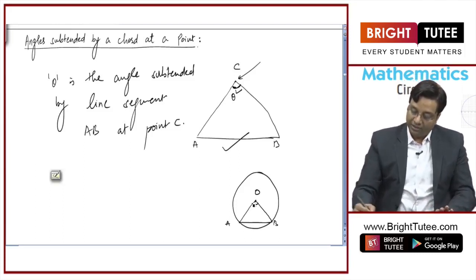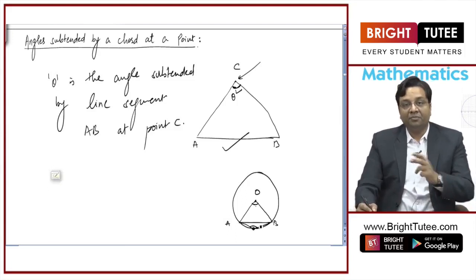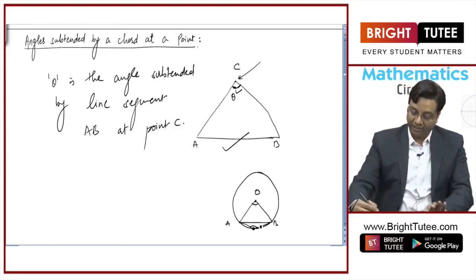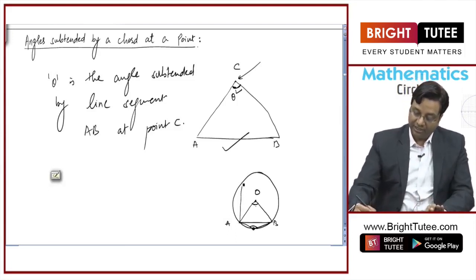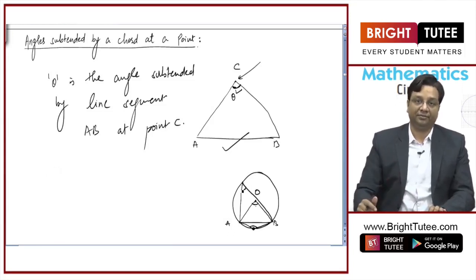This chord AB can subtend an angle at this point too. This is the angle subtended by chord AB in the minor segment. Similarly, chord AB can subtend an angle in the major segment also.